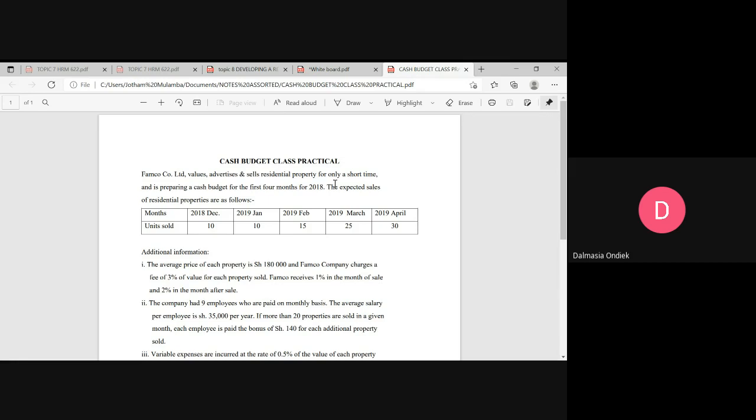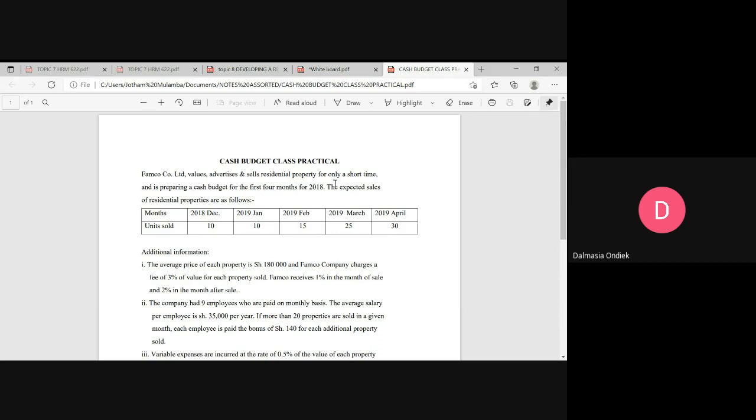The expected sales of residential properties are as follows. Then we have the table. We have the month column and we have the units sold. Under the months, we have 2018 December, then 2019 January, 2019 February, 2019 March and April. Then under the units sold, we have 10, 10, 15, 25 and 30.